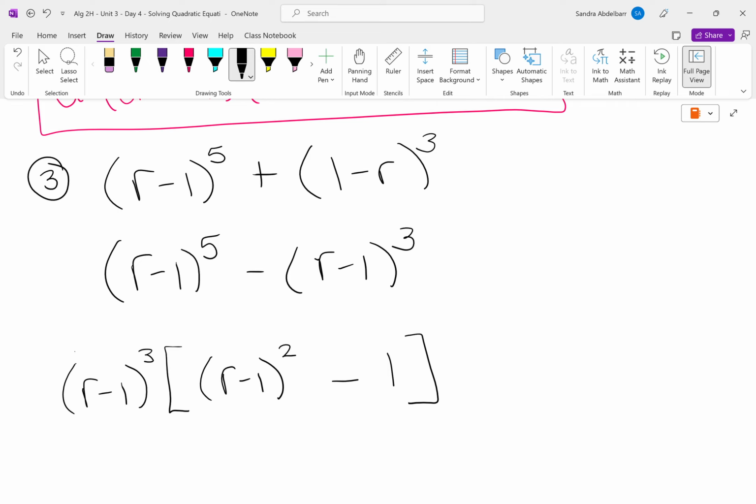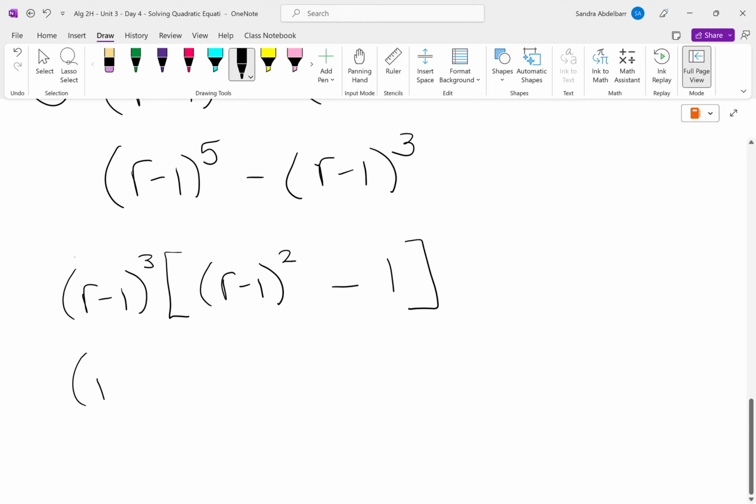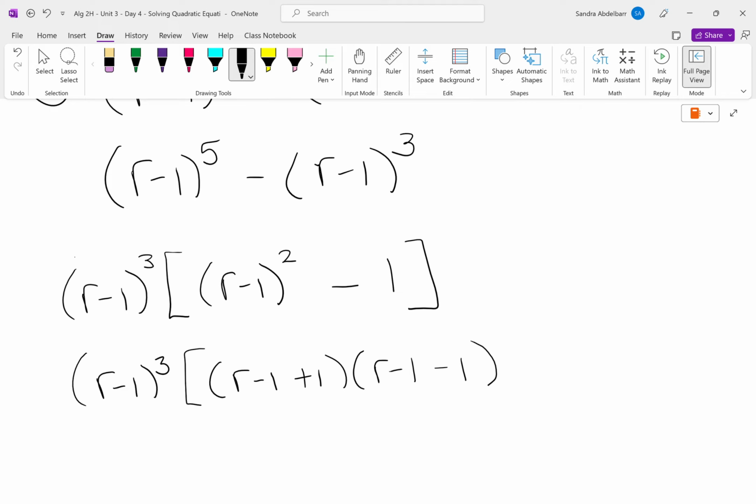What is this? It is a dot. This is a dot. So in my dots, I'm going to have r minus 1 plus 1, and then r minus 1 minus 1. What happens with the r minus 1 plus 1? The ones cancel.